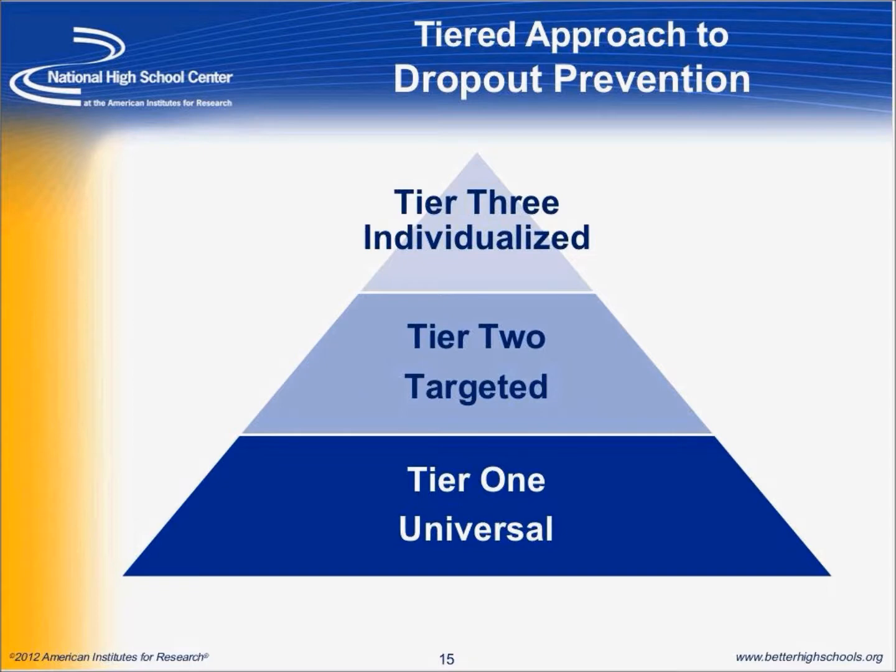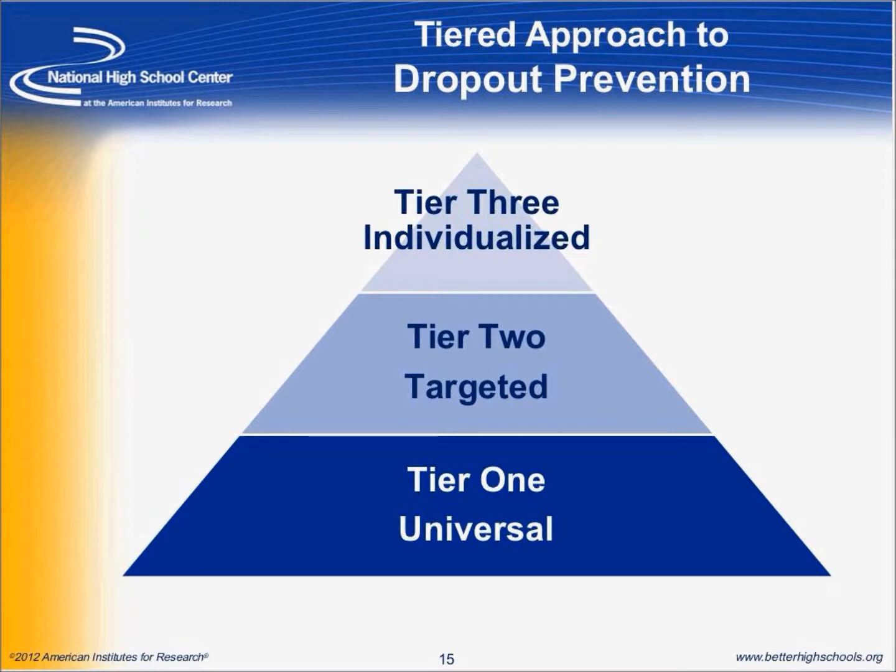In a tiered intervention model, the bottom tier includes dropout prevention strategies that are good for all students and are usually implemented at the school level. These usually cost the least for the school, and all students can benefit from them.